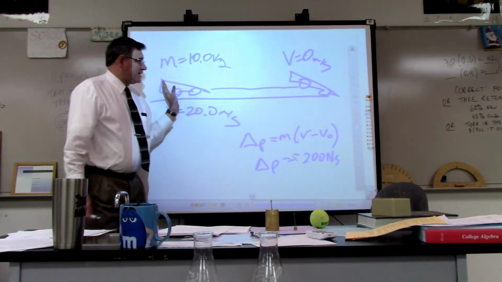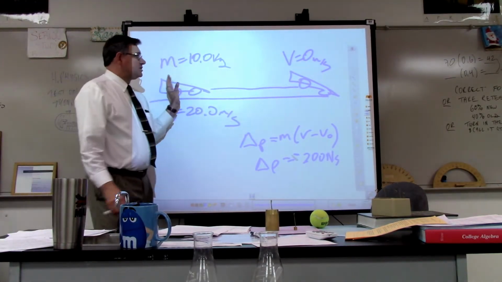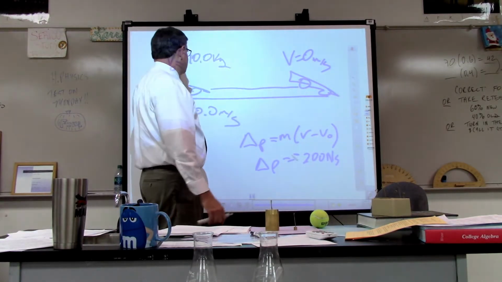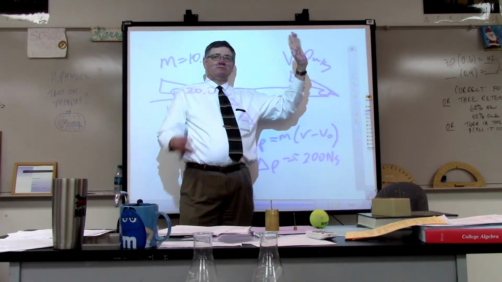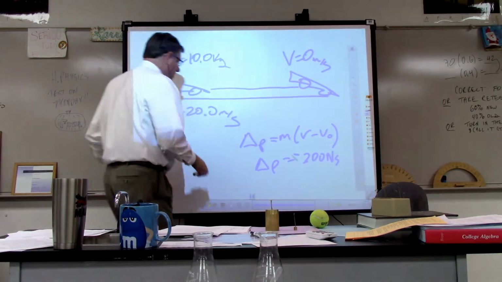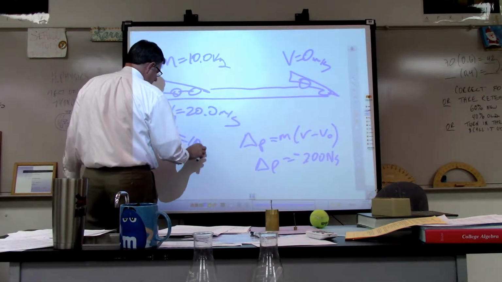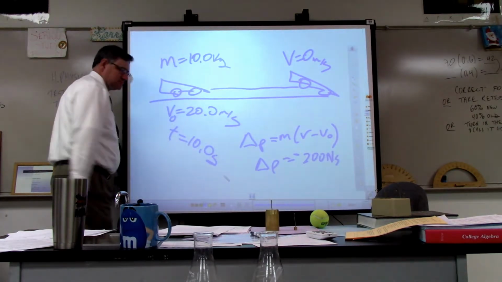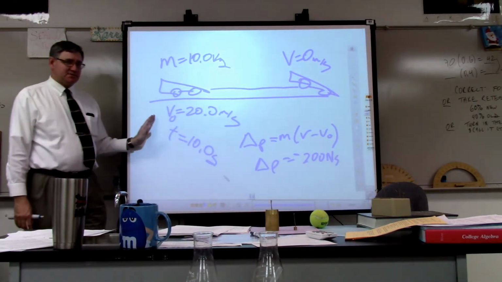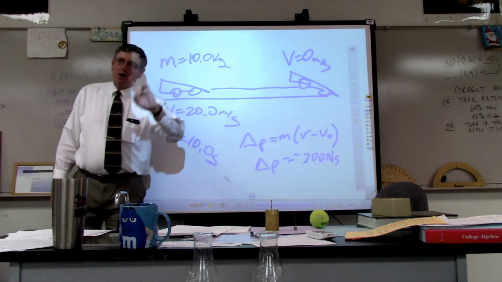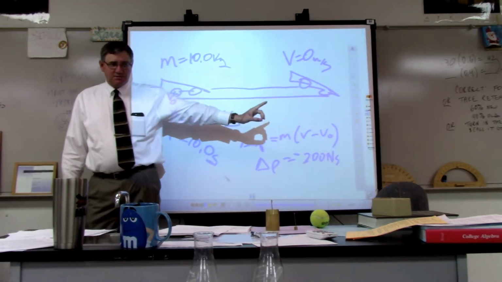So, let's say that you're driving along, and you know that the light's going to be red and you coast to a stop, and let's say that this time was 10 seconds. If you know the time is 10 seconds, now can you find the force?